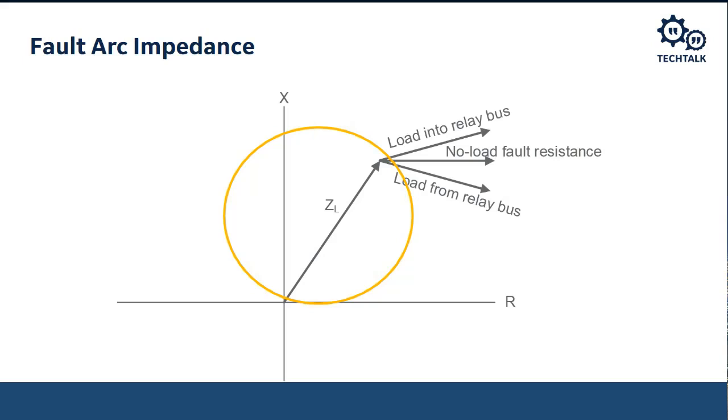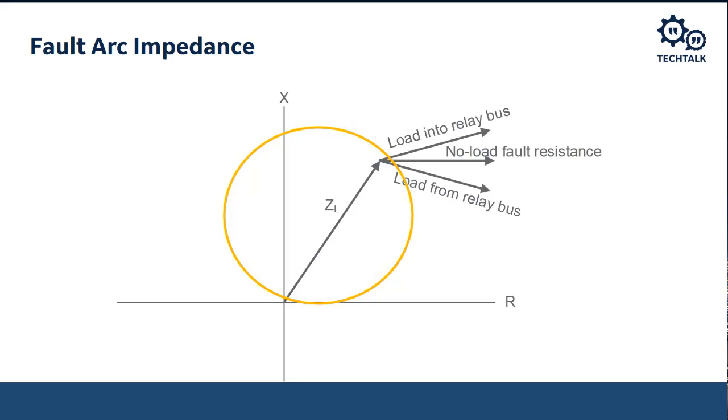Now, there's a couple of things that utilities can do. One of the things they could do for the transmission lines is use a different characteristic, a quadrilateral characteristic, rather than this sort of round circle that I used there. That causes some other problems.